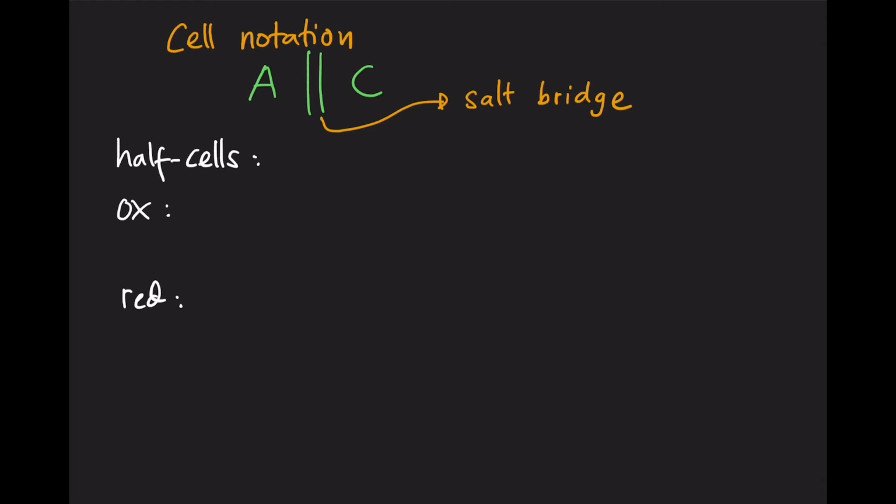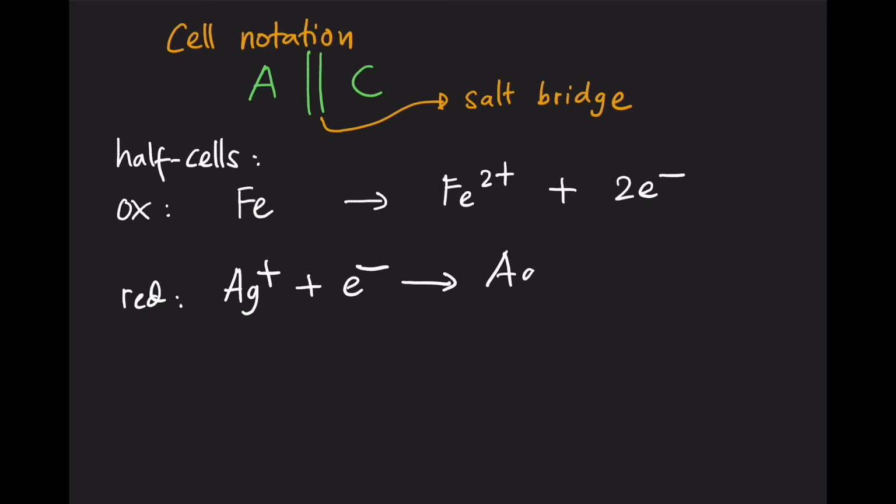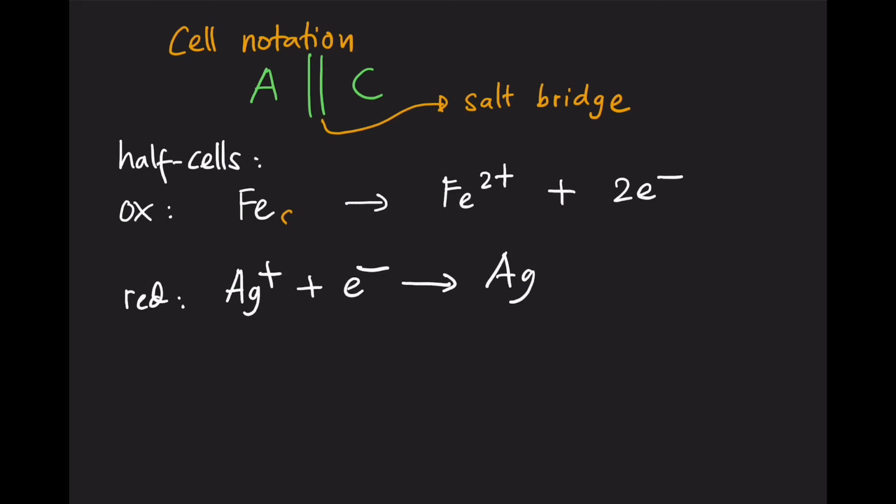For the oxidation, we have Fe becoming Fe2+, releasing 2 electrons. For the reduction, we have the Ag+ ion receiving electrons and forming solid Ag. So this one is solid, and this one is aqueous.